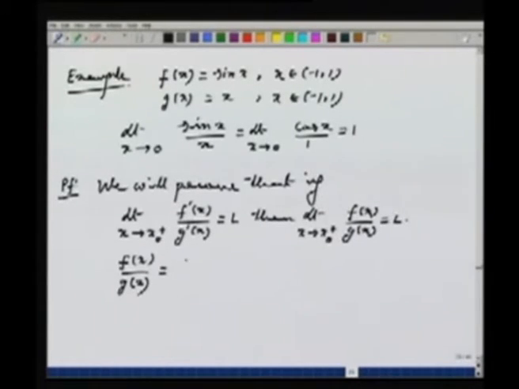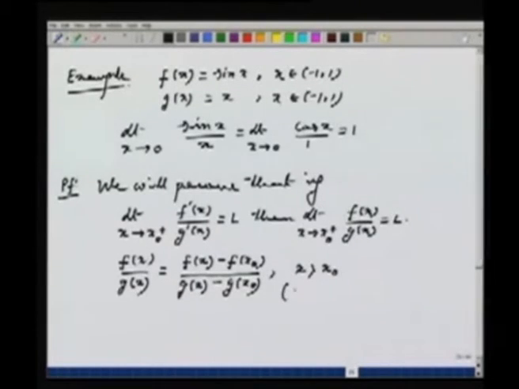I write it in the form f(x) minus f(x naught) divided by g(x) minus g(x naught). And since I am interested in the limit as x goes to x naught plus, I will take x to be strictly bigger than x naught.